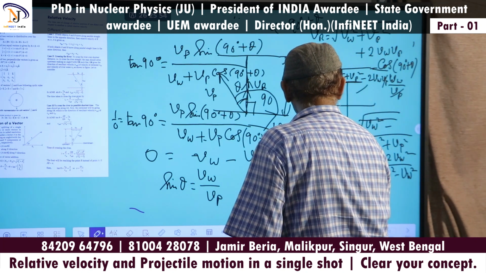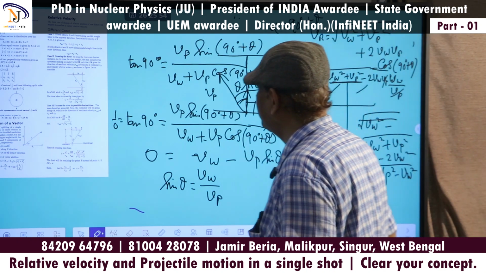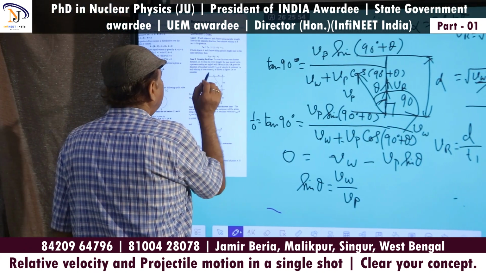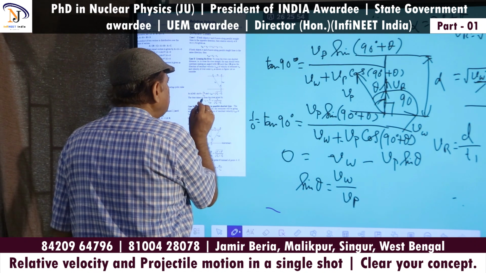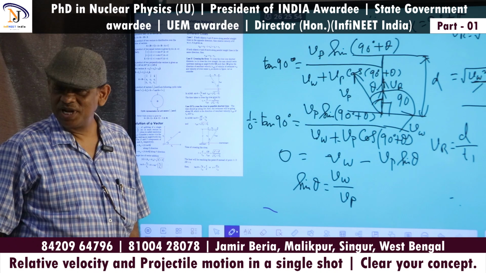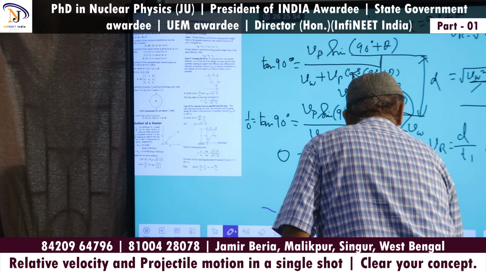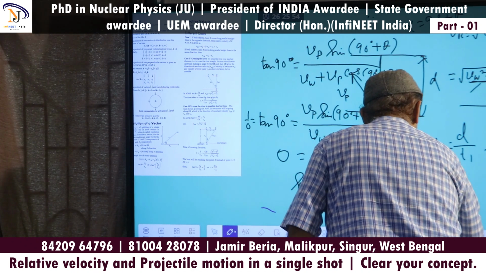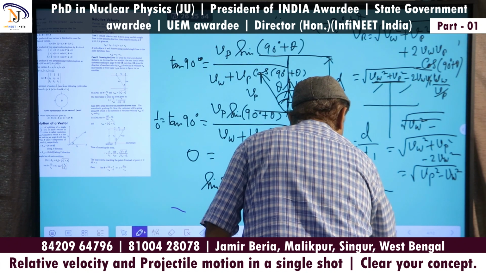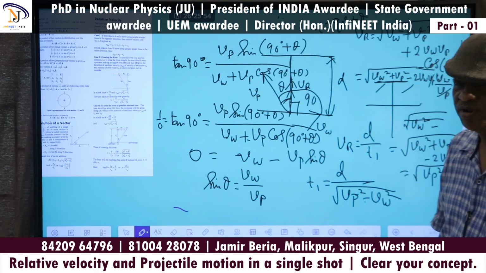And this is the velocity. What do you have to find? Time to cross the river. This is the time, so T1 equals D by the square root of Vp square minus Vw square. Is it a tough job at all?